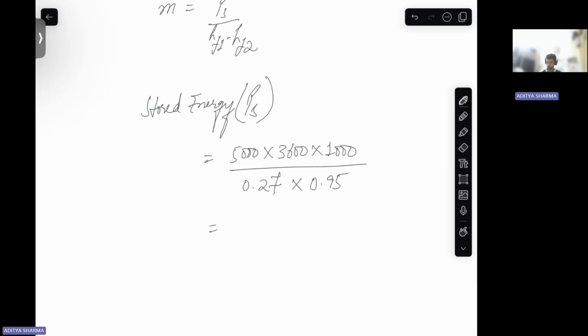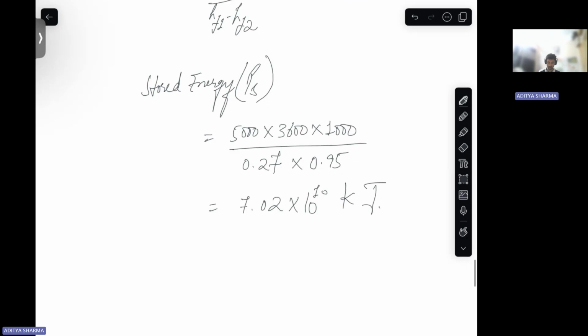Now, if you work this out, this will be around 7.02 into 10 raised to power 10 kilojoules. So this will be your stored energy.